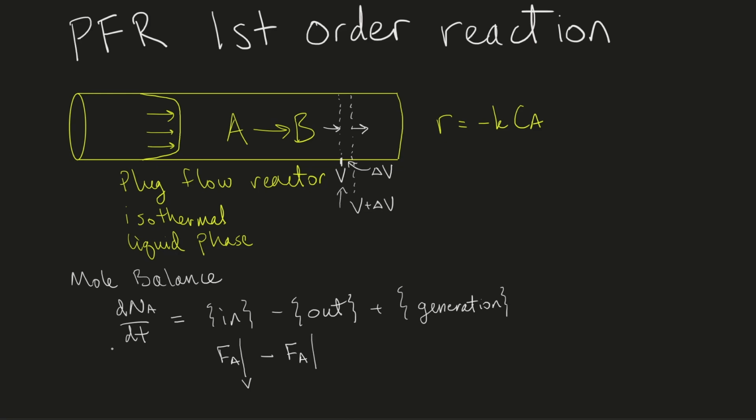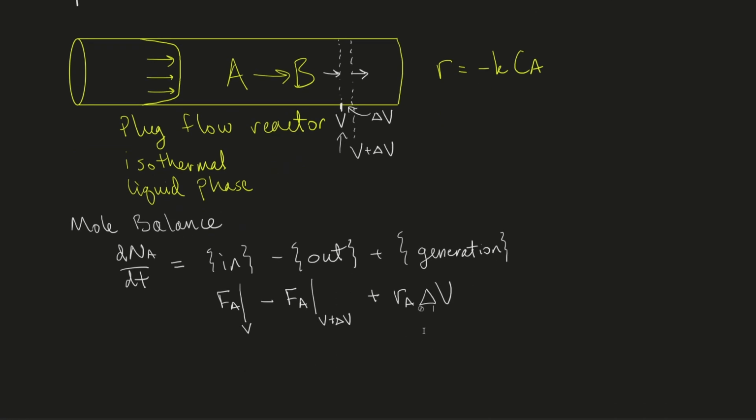And our out term is going to be at V plus delta V. So again, that is this location right here, the second part of our control volume. Our generation is going to be our rate of reaction RA times the volume of this small control element right here. And so that's going to be delta V.